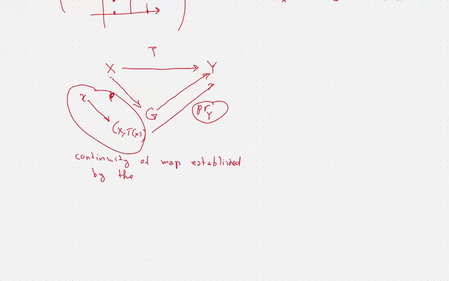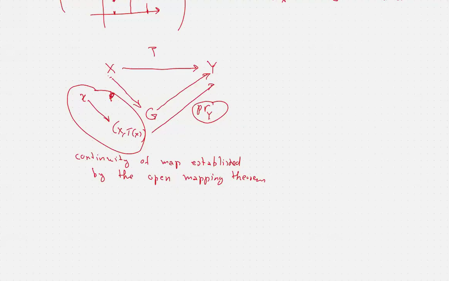Okay, the open mapping theorem says that any one-to-one and onto continuous linear map between two Banach spaces has a continuous inverse. And this is the inverse map of the projection. Remember, the projection sends (x, T of x) to x. The map that sends x to (x, T of x) is the inverse of the projection.